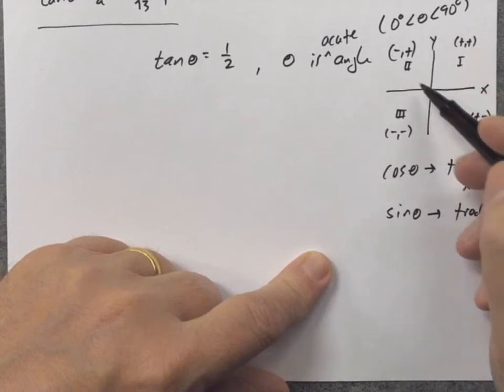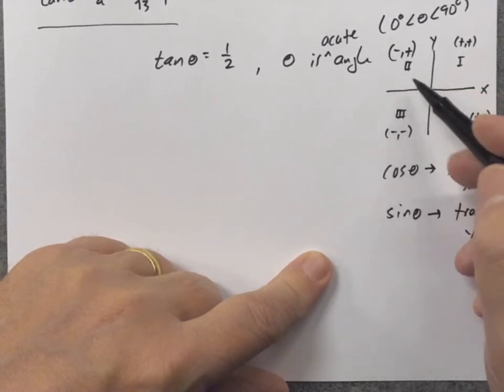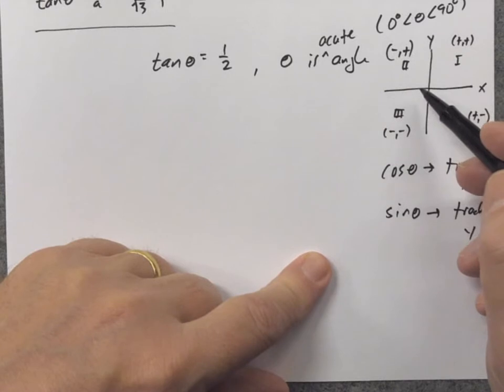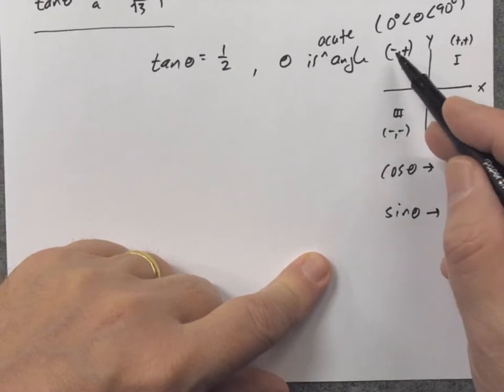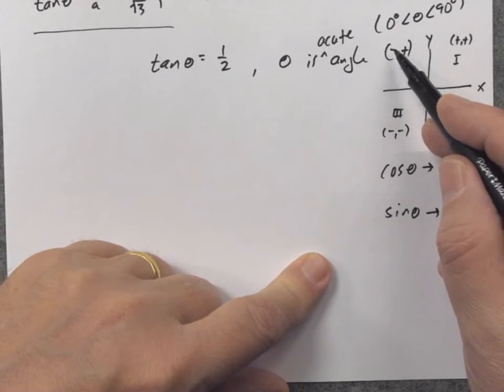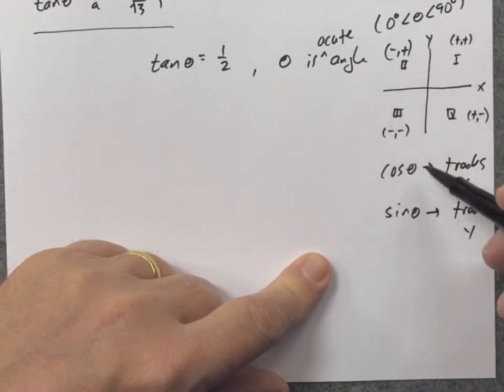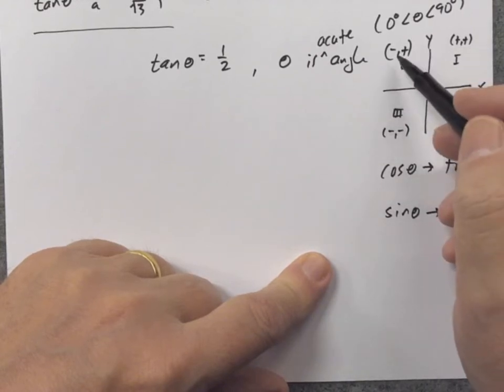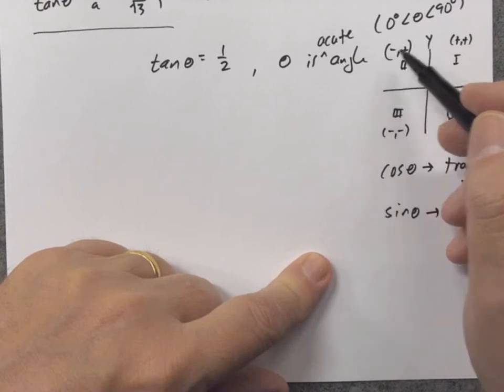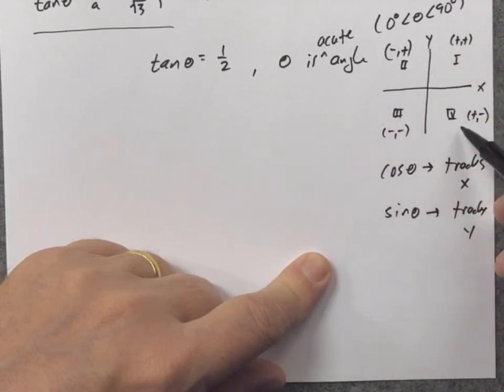If my angle is in quadrant 2, and I'm trying to find the cosine of the angle, in quadrant 2, x is always a negative number, and cosine tracks x, cosine's the same as x, so in quadrant 2 the cosine is going to be a negative number. Say my angle is in quadrant 4, and I'm going to try and find the sine and the cosine.